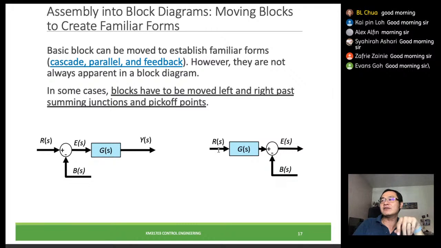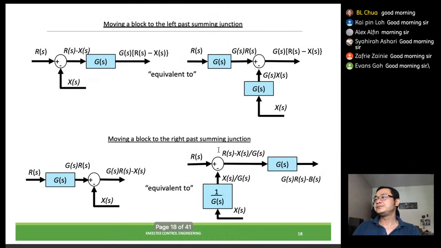So this is our intention: to move the blocks to create a familiar form. So how can we move it? Moving a block, let's say this block, we move out of this summing junction.